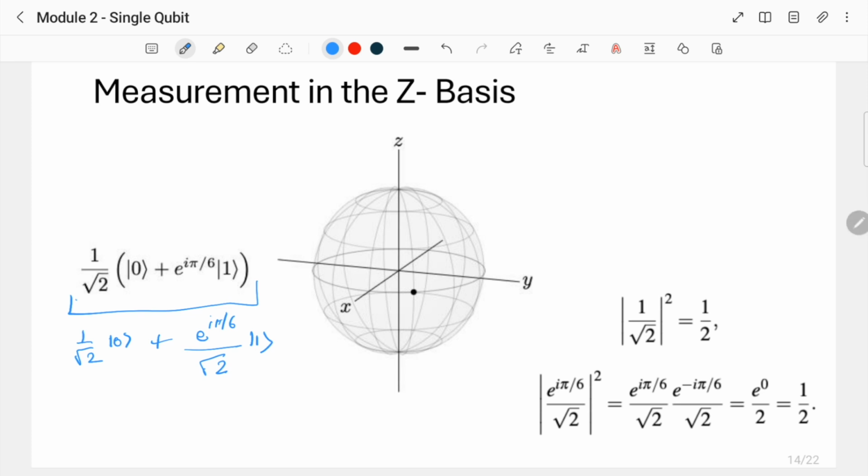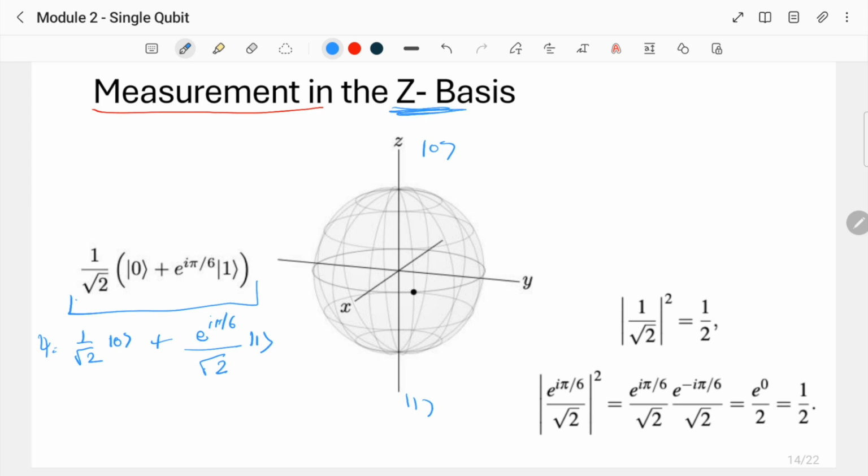We break this down, and what do we mean by measurement? We know quantum mechanics is probabilistic. So this is our state psi, and we try to calculate the probability of finding psi when we measure it in either 0 or 1, because we have our z basis.